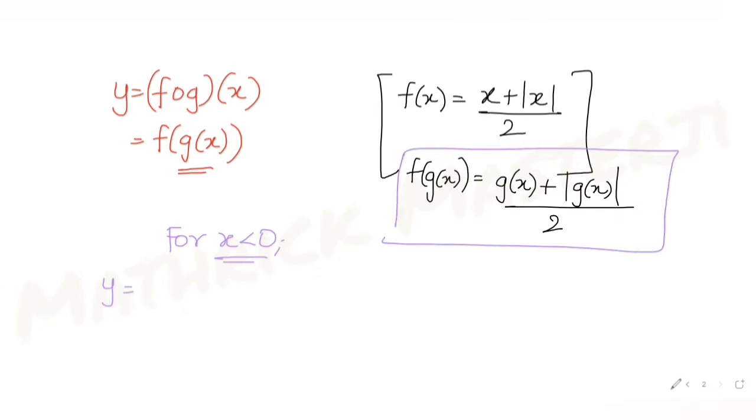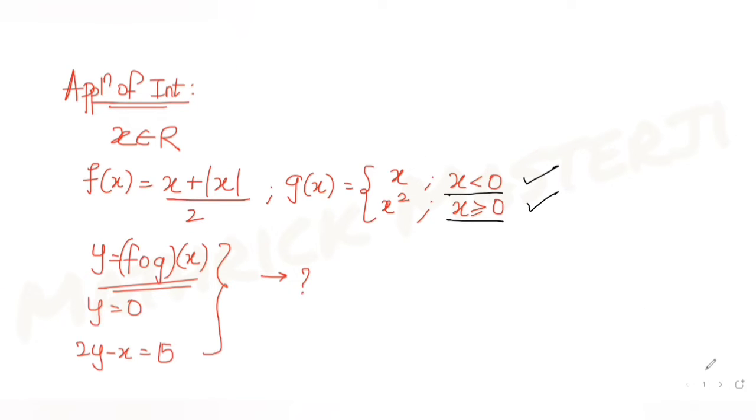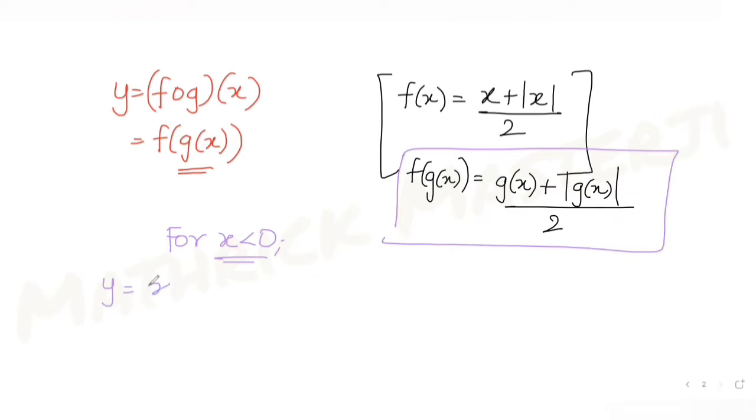For x less than 0, g of x is x, so we get (x plus mod x) divided by 2. Since x is less than 0, mod of x is minus x. So it becomes (x minus x) divided by 2, which is 0 divided by 2, which is 0. So y equals 0.